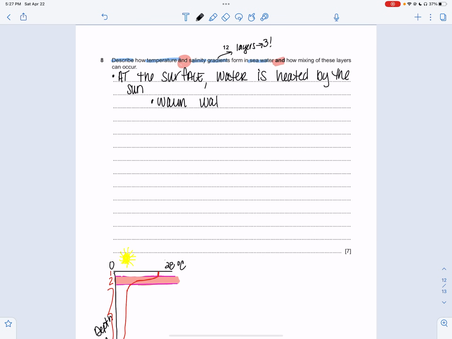Warm water floats due to low density. Okay, so this is what is it like? And I said we were going to answer it like it was an explain. This is like the why. So what is it like? And then why does it stay there? It's about low density. That is why.